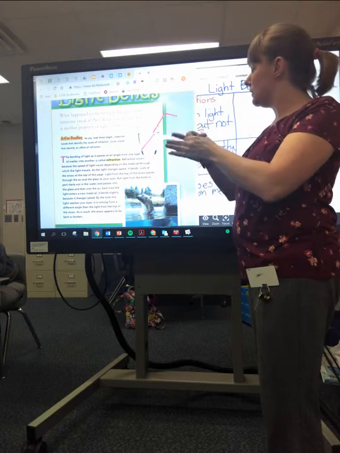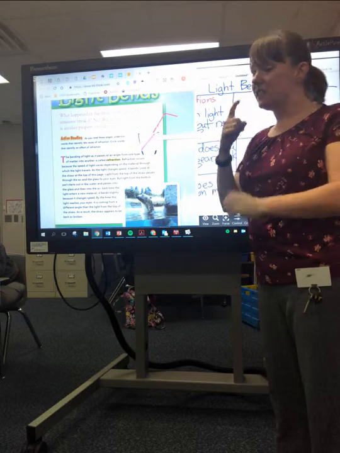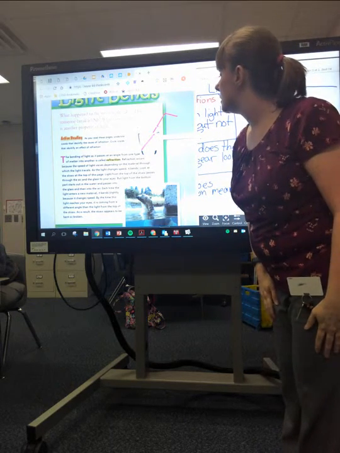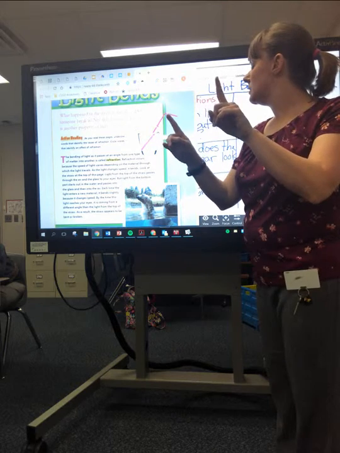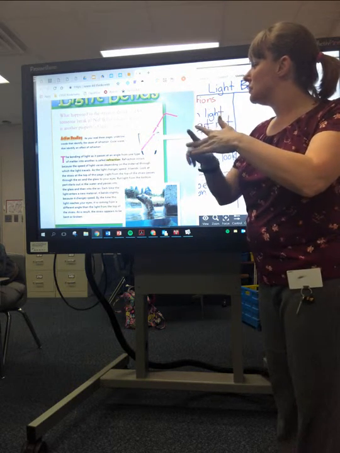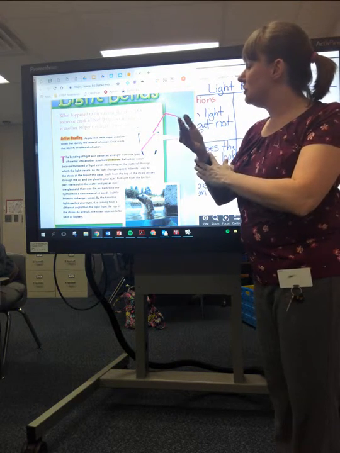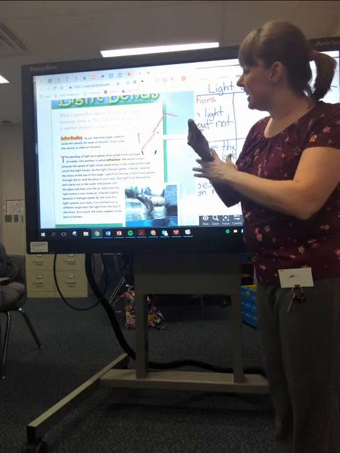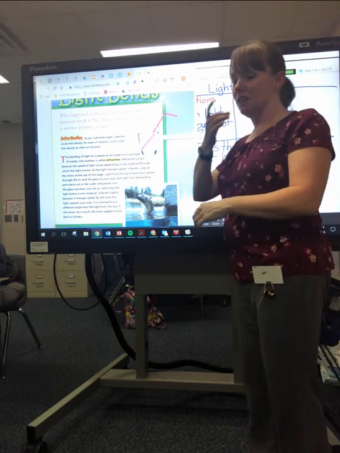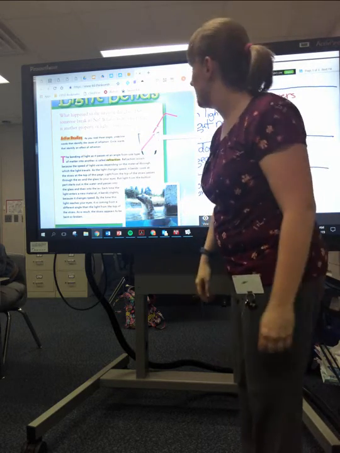Light from the top of the straw passes through the air and the glass to your eyes. But light from the bottom part starts out in the water and passes into the glass and then into the air. So the light is from here, and it's from here, too.